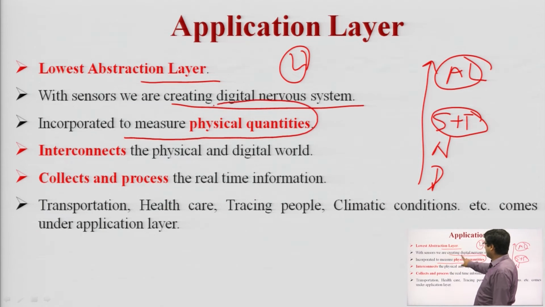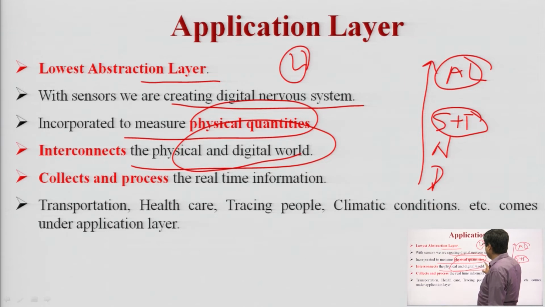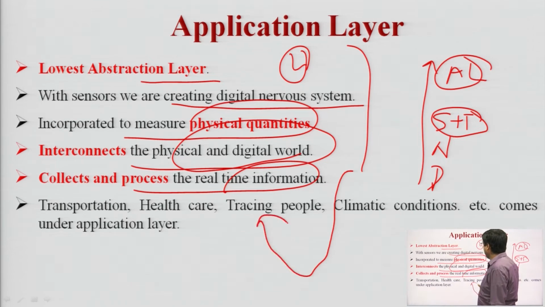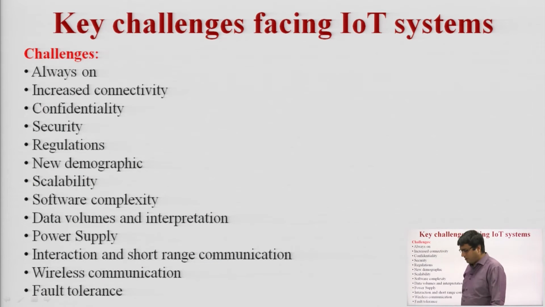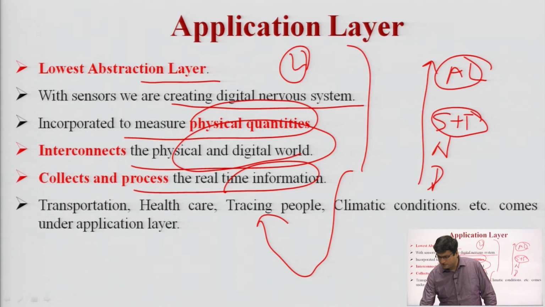These are the physical quantities, interconnected by using networking, to collect and process real time information. So after all these things, we are going for the application layer, that is transportation, healthcare, tracking people, climatic conditions come under the application layer. So this is all about the architecture of IoT.